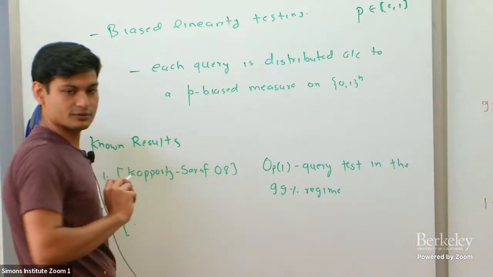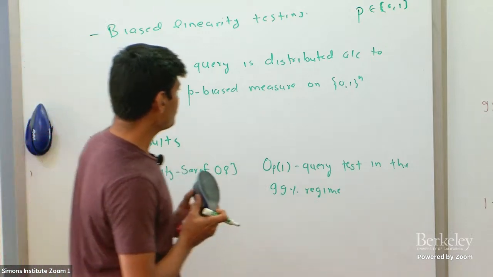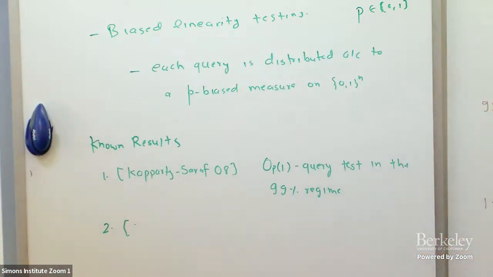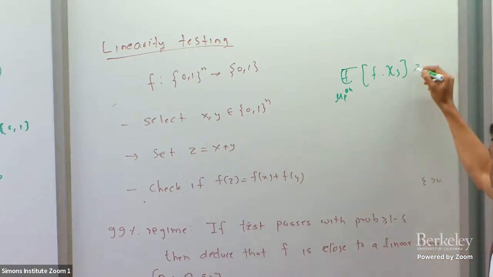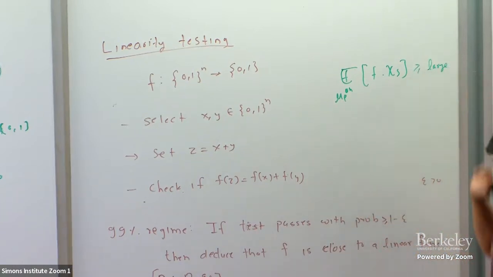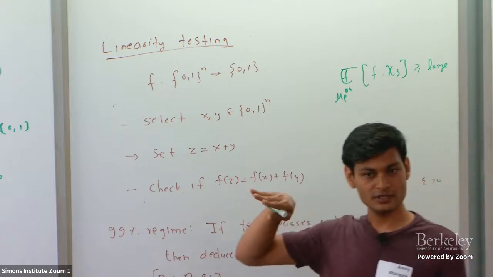Could I ask something? Yes. What is correlation here? In the p-bias case, correlation just means that the expectation of f times the character under mu_p to the n is large. Because we are just doing p-bias testing, so everything sits on the p-biased cube.